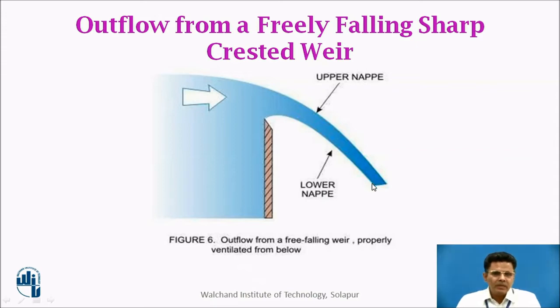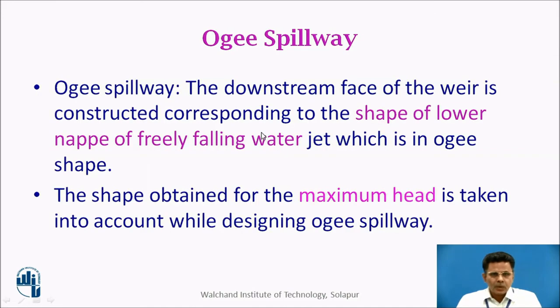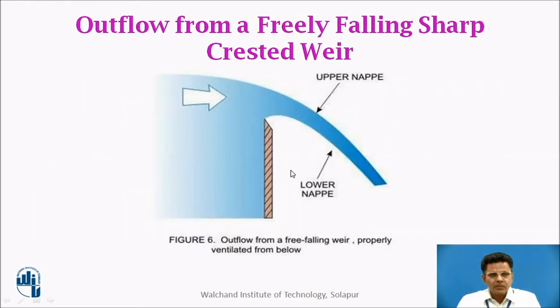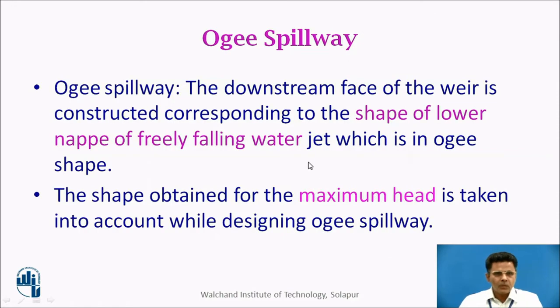So, the Ogi spillway is designed in such a way that the profile of the Ogi spillway matches with the profile of the lower nappe. That's what I mean. The shape obtained for the maximum head is taken into account while designing the Ogi spillway.